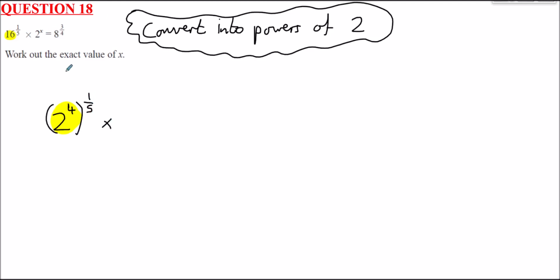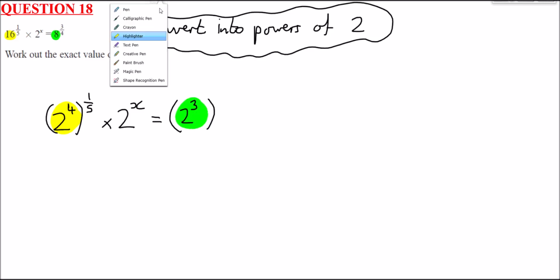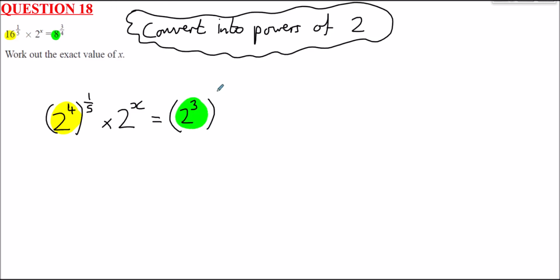That's been times by 2 to the x. 2 is already a power of 2, so that can be left as it is. But 8 doesn't look anything like 2. So 8, again, I could write as a power of 2. 2 multiplied by what gives 8? Well, it's going to be 2 cubed, because 2 cubed is 8. So that's the first step, and it's a crucial step. Without that step, you're going to be absolutely snookered.